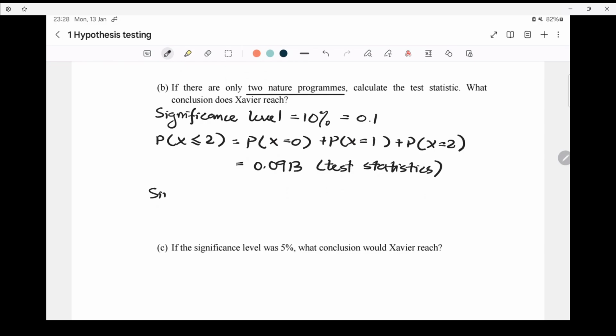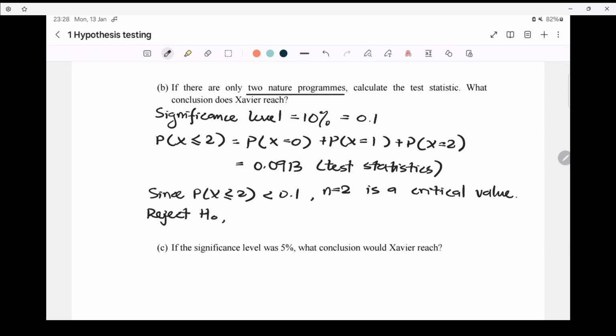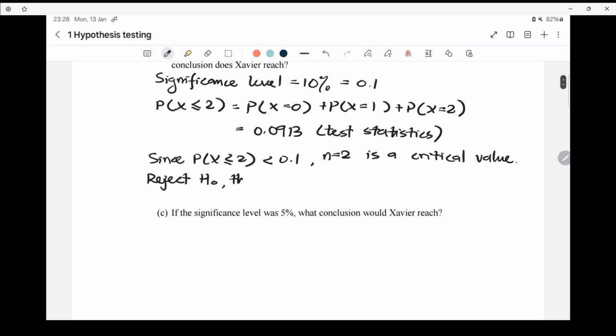Since P(X ≤ 2) is smaller than 0.1, which is your significance level, then n equals 2 is a critical value, and you need to reject your null hypothesis and say that there are fewer natural programs.